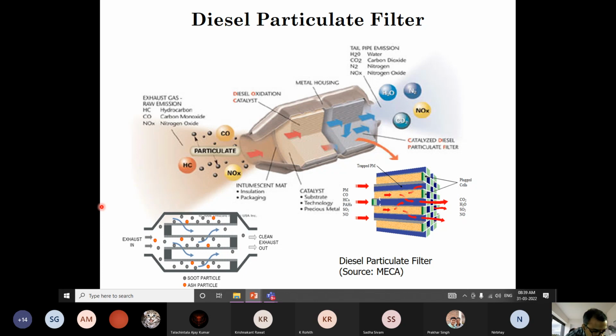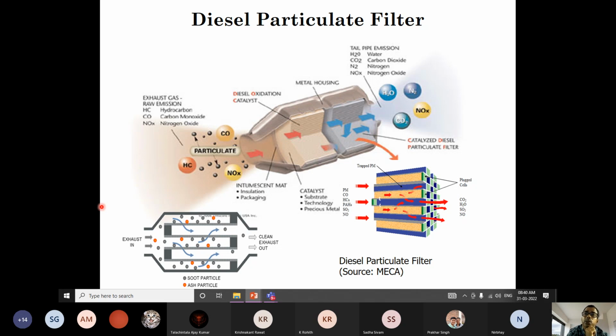Diesel particulate filters are nowadays mainly used in heavy vehicles, because for diesel engines the soot particulate regulations are very stringent. The automotive industry has to fulfill not only the mass basis of the particulates, but also the number of particulates.